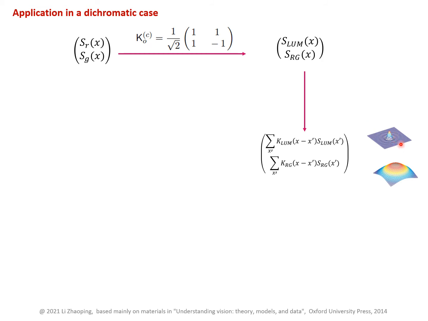The bandpass filter will have this bandpass-looking contrast sensitivity curve, while this one has a more low-pass-looking contrast sensitivity curve. Such contrast sensitivity curves have been looked at in human visual psychophysics like this.